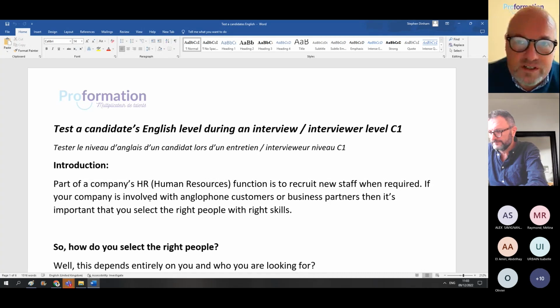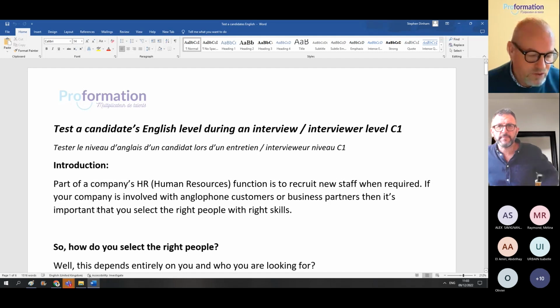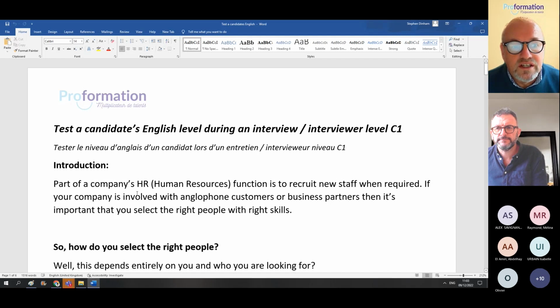The interview can be done in English completely, or you can have one part of the interview testing the English and the other part done in the language of the country. So you could finish the interview off in French. This is a part interview test to test someone's ability to speak English.